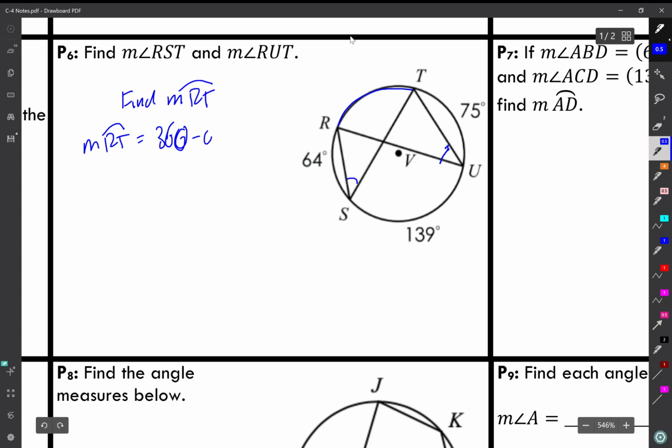So minus 64 minus 75 minus 139. Okay, and on my calculator, that gives me that this arc is 82 degrees. Awesome. So then I can find the intercepted arcs, both of these will be this measure.